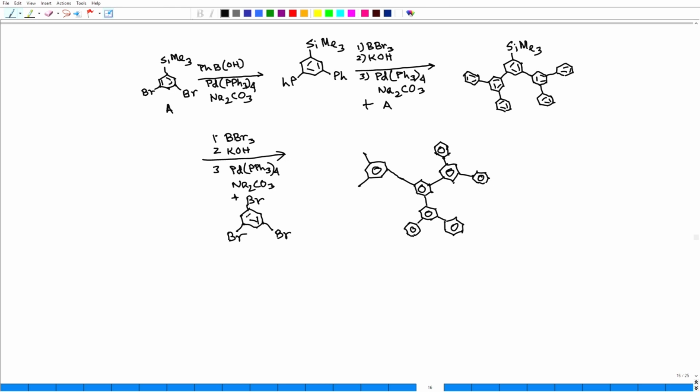So, this dendron we make and then we hook it up with this compound and end up here, and here also we end up. So, all these 3 parts we get like this.